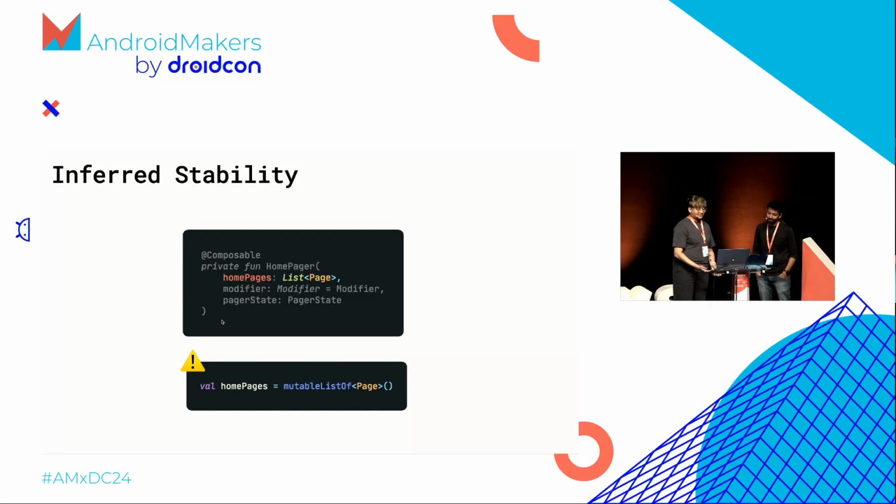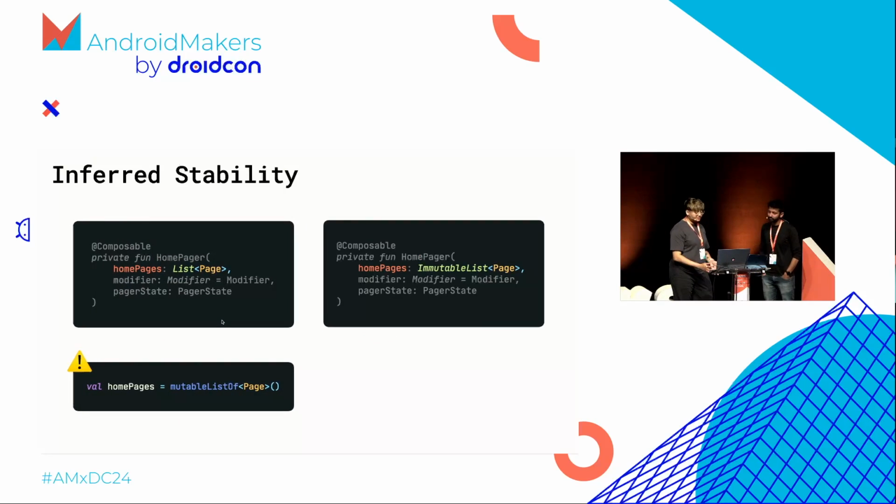So Compose can't guarantee that the list will never change, so it must err on the side of caution and assume that things can change and might have changed, and recompose the composable where this is passed into. But we know it's not going to change, so we have to find a way to enforce that contract to the compiler. To do that, we'll use the kotlinx immutable collections library, and we will use the ImmutableList type instead of List.